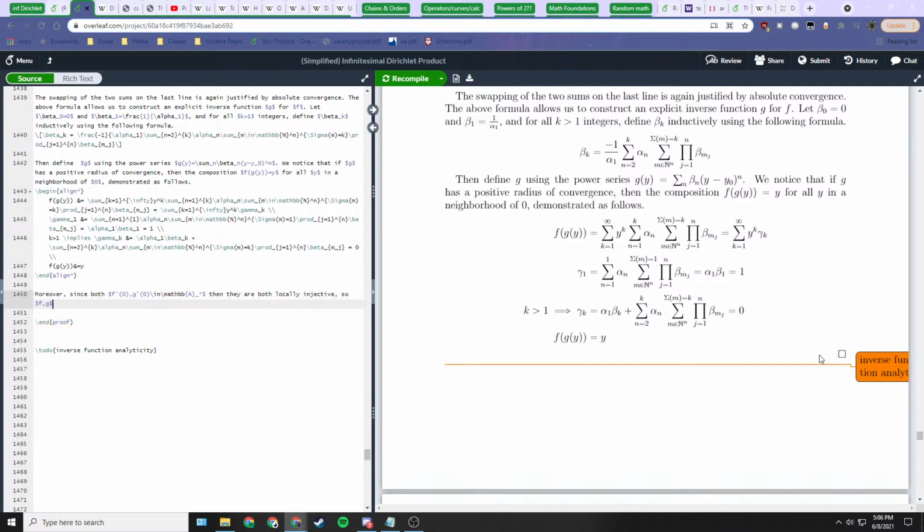So f, g are local inverse functions, which would prove the theorem.